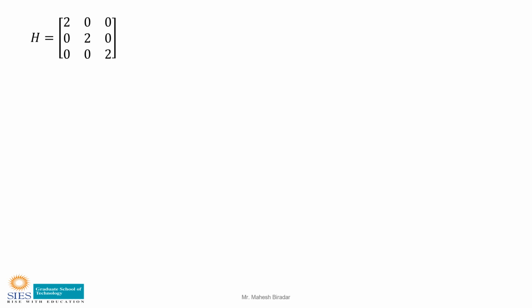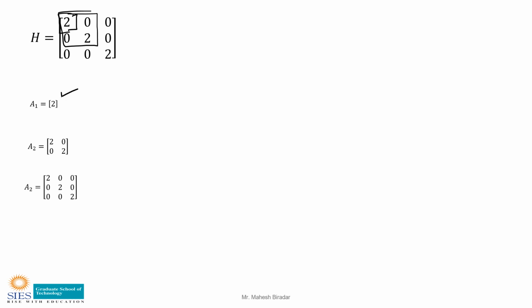Now the same concept I'm going to define with the help of the principal minors. Okay, so this is a minor of order 1. This is a minor of order 2. So here 2 0 0 2, and the whole entire matrix is a minor of order 3.